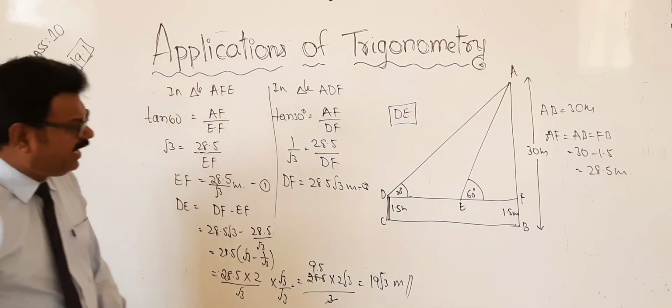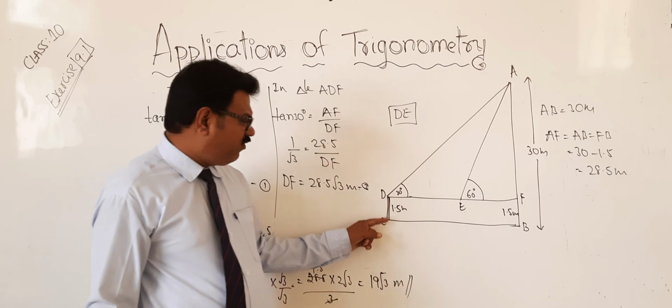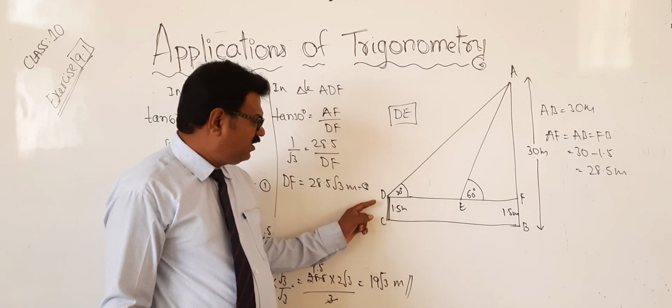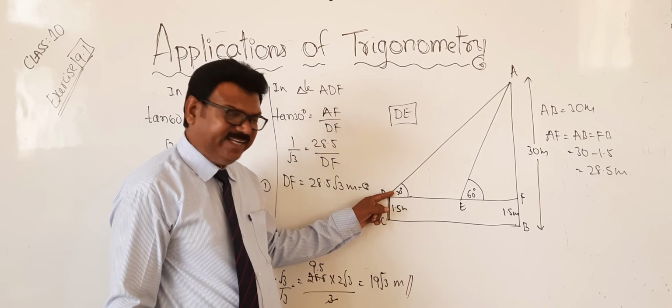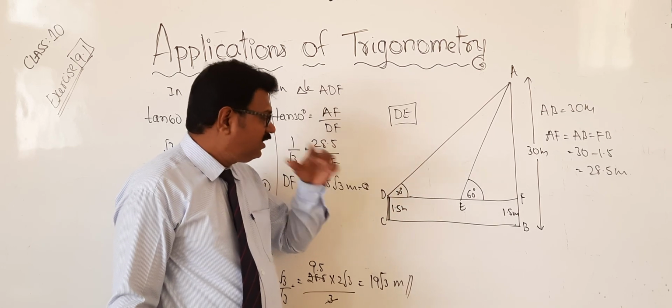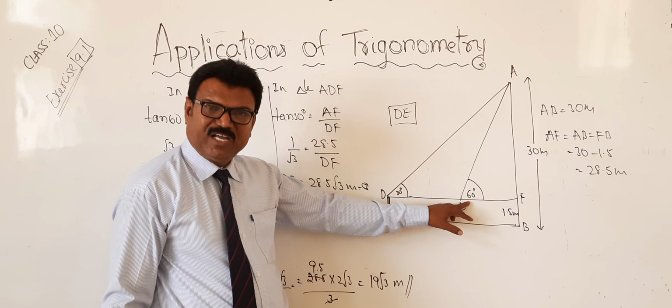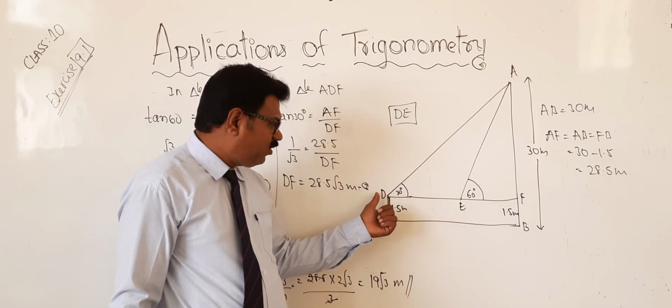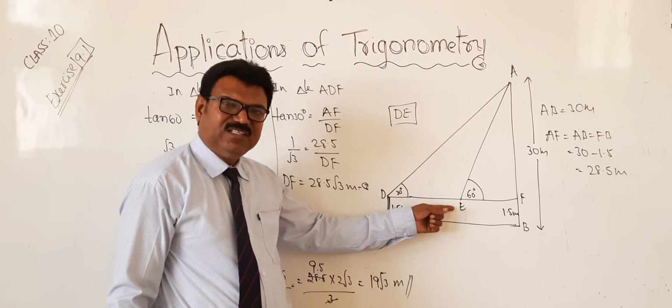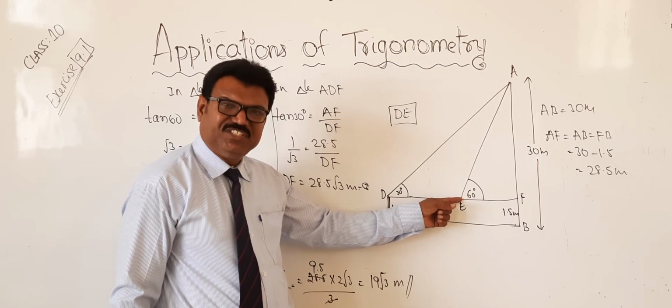Understood? So here a person of 1.5 meters sees an angle of elevation of 30 degrees. After some time, the angle of elevation has become 60 degrees. We should find out the distance between the original position and the position when the angle of elevation was 60 degrees.